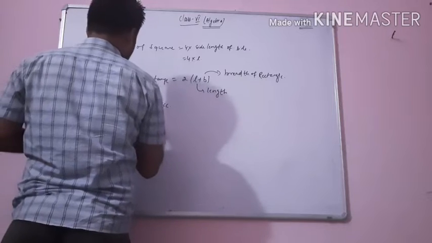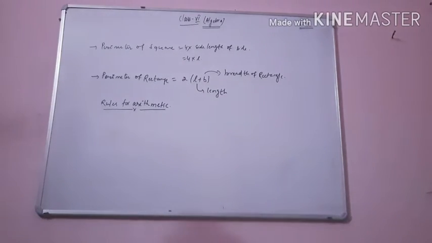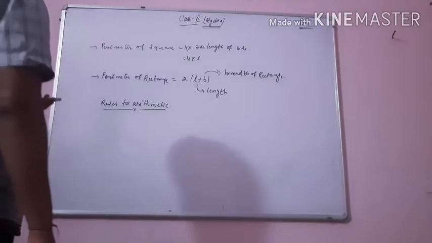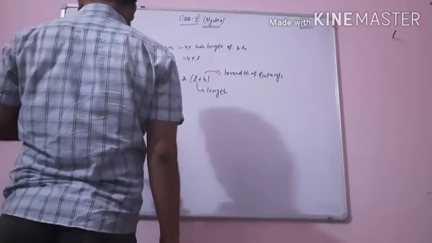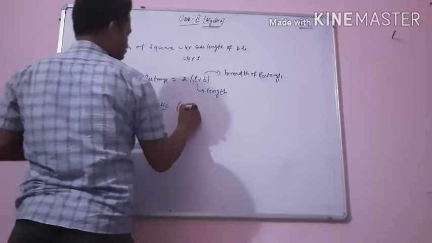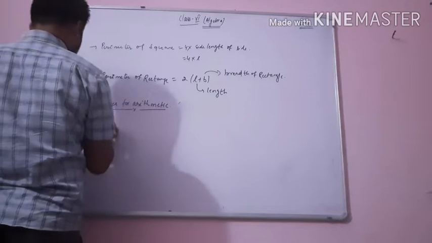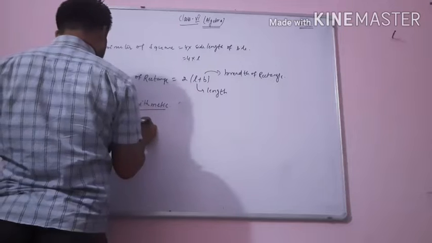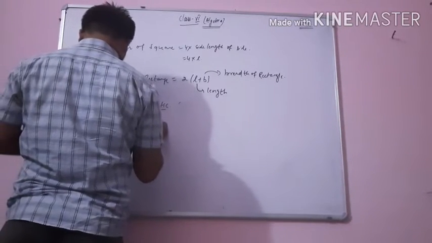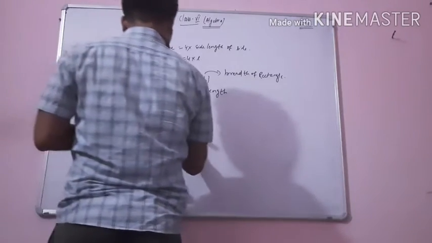In chapter 2, whole numbers, we have studied many rules like commutative, associative, distributive. So here the third rule, rule number 3, is the commutative property of addition of two numbers.